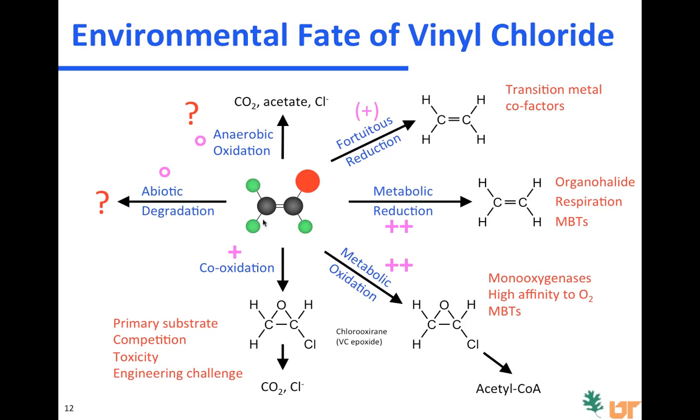Fortuitous reduction by transition metal cofactors is very likely to be a minor contributor to ethene formation. We don't have any information about rates for abiotic degradation of vinyl chloride or anaerobic oxidation. Co-oxidation can result in appreciable rates, but again, the process is difficult to manage.